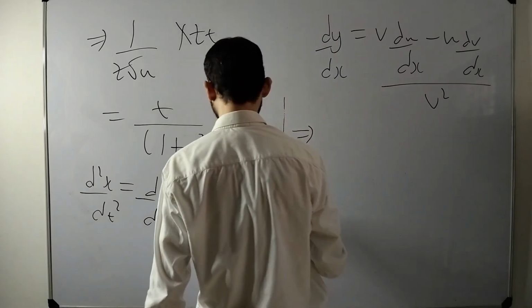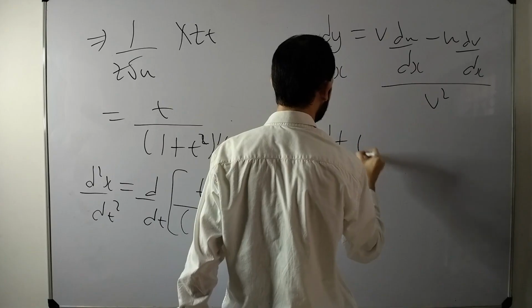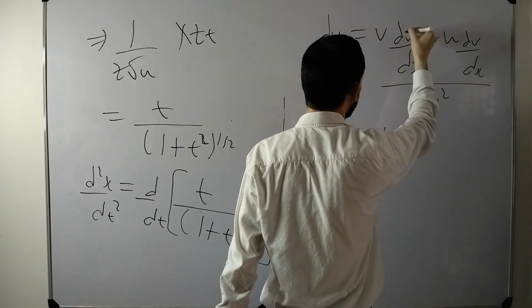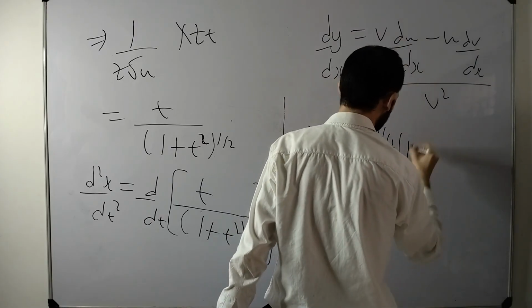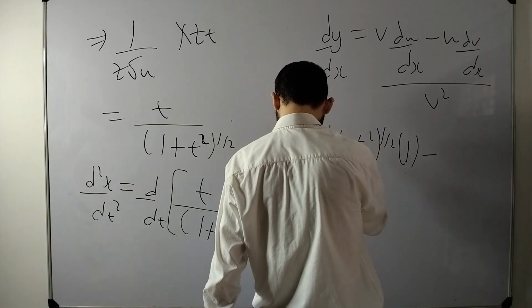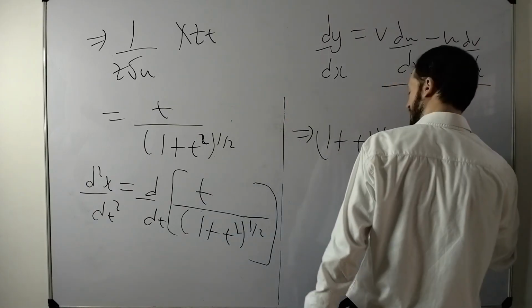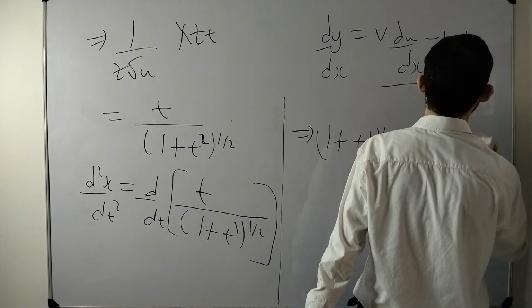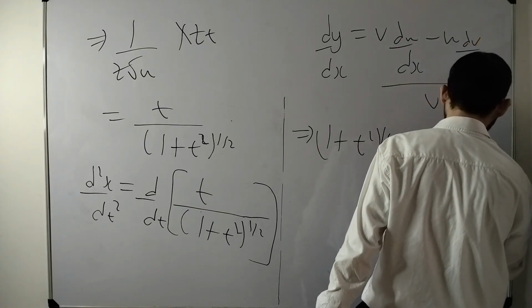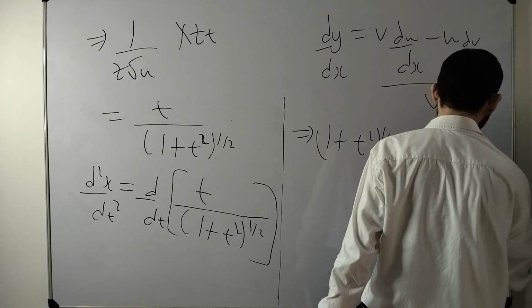Then this becomes what, student? (1 plus t squared) to the power 1 by 2. This is differentiated with t. This becomes 1. This is minus. Sorry, students. Minus t. And this is what? So this is 1 by 2, that 2 of minus, so this becomes plus.